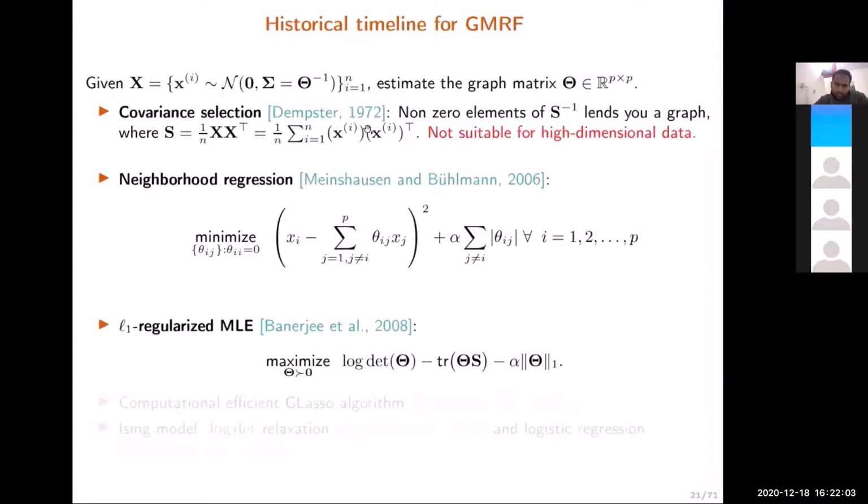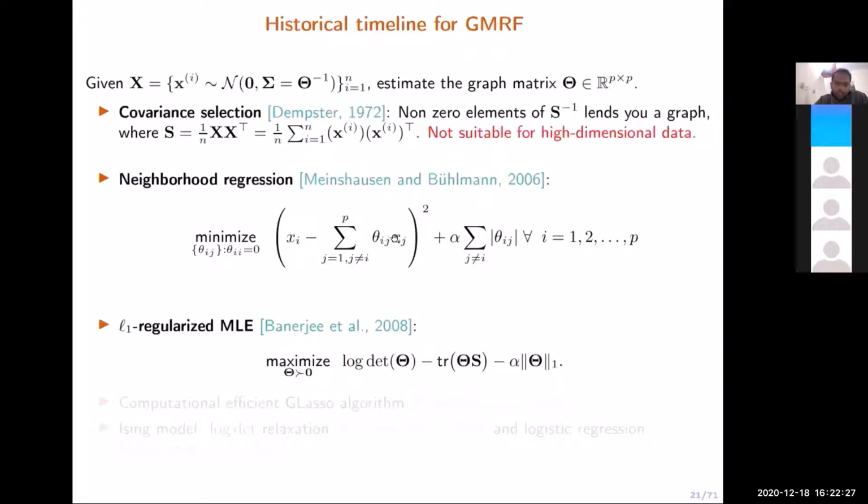This was well understood in 1972 itself, but it took almost decades to actually come up with an algorithm which tackles problems for high dimensional data. In high dimensional data, we cannot invert it. So Meinshausen and Bühlmann in 2006 proposed a regression-based method to infer theta.